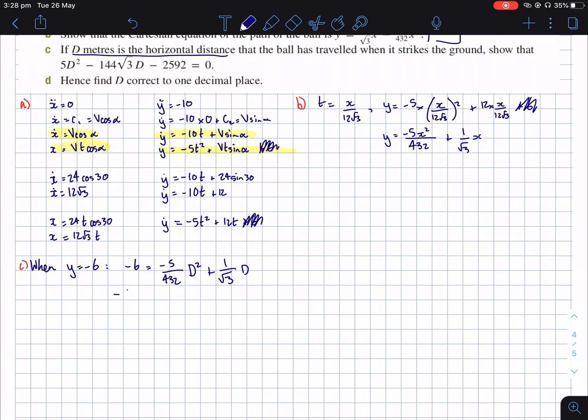So I've got negative 2592 root 3 equals minus 5 root 3 d squared plus 432d.